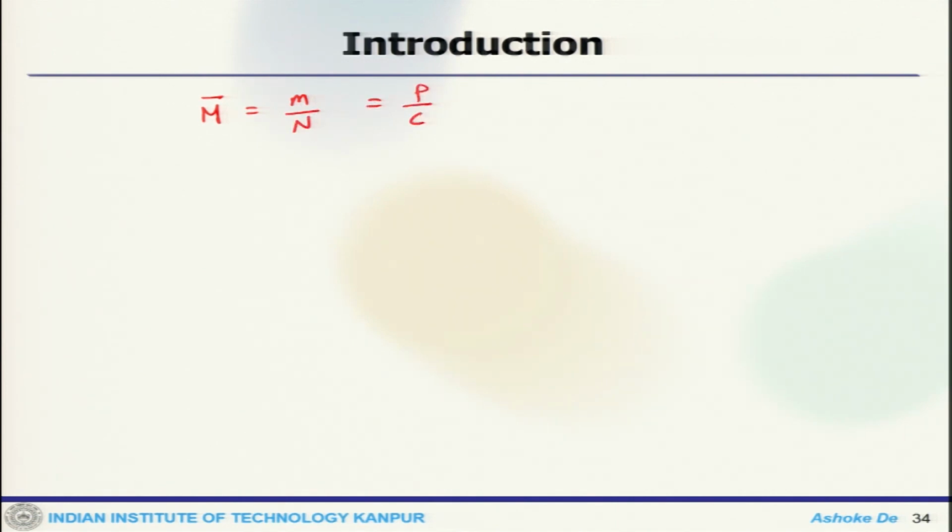So, now the convention in chemical kinetics is the concentration. The concentration C of chemical species is usually shown by a symbol.